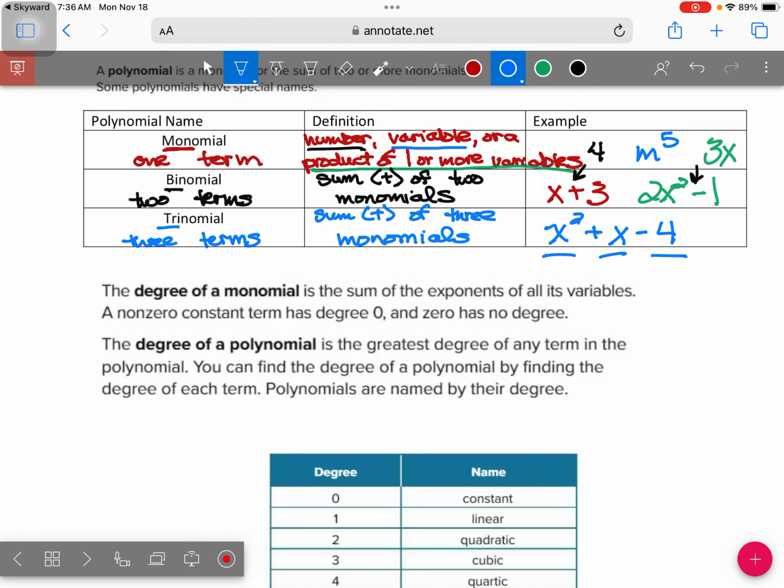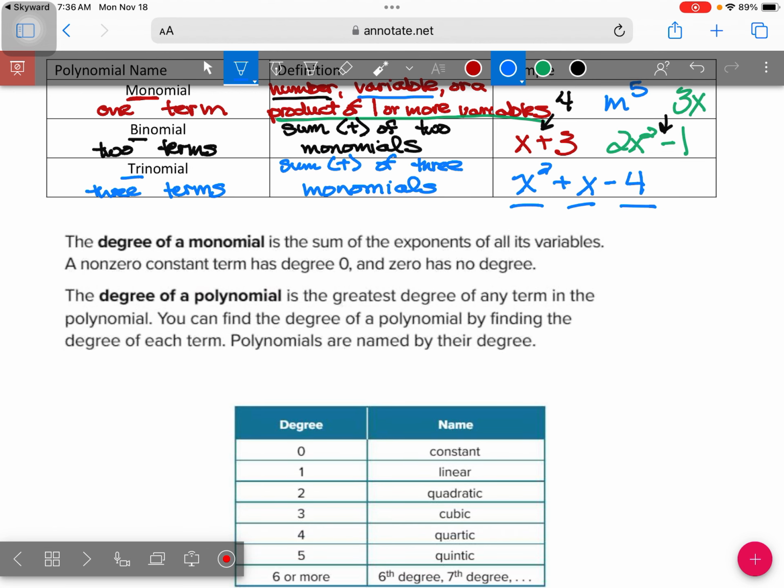All right. So the degree of a monomial is the sum of the exponents of all its variables. Sum, meaning we are going to add up all the exponents of just the variables. Just the variables. A non-zero constant term has a degree of 0.